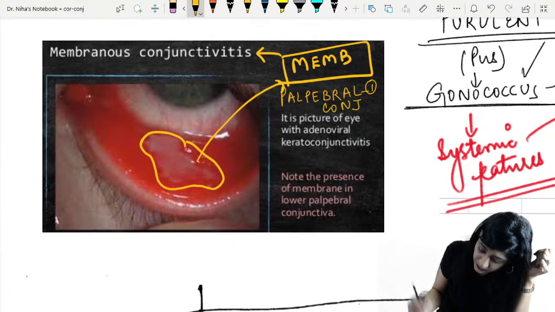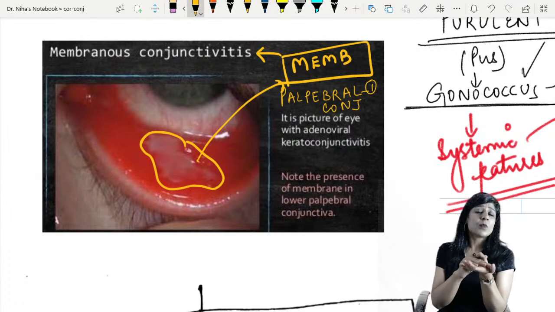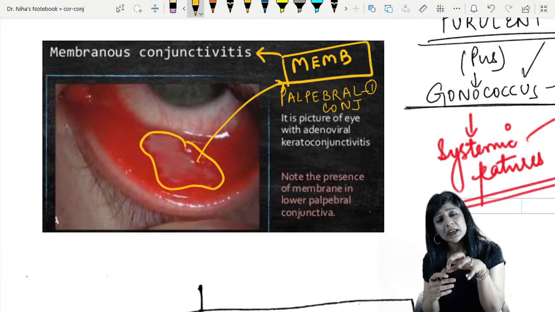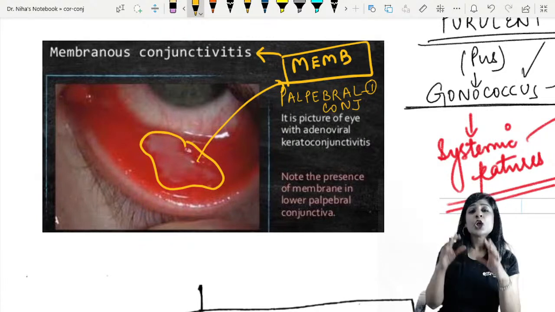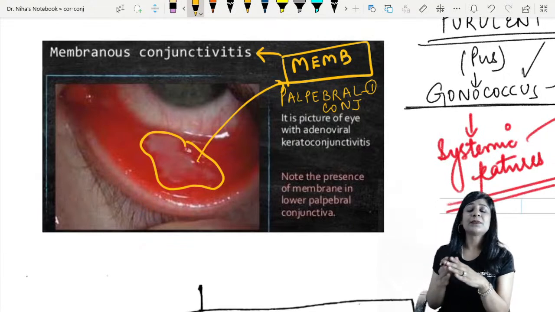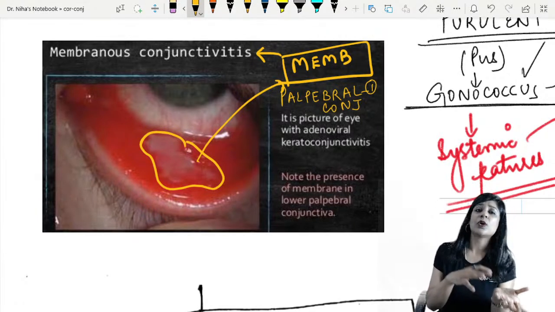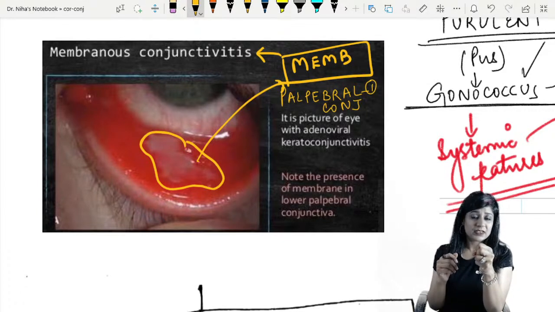The first important thing. Now, just by looking, you cannot say whether it's a true membranous conjunctivitis or a false membranous conjunctivitis. So this membrane which is present in the palpebral conjunctiva can be densely adherent or it can be loosely adherent. If it is densely adherent, there will be bleeding on peeling it off. A very, very important thing.